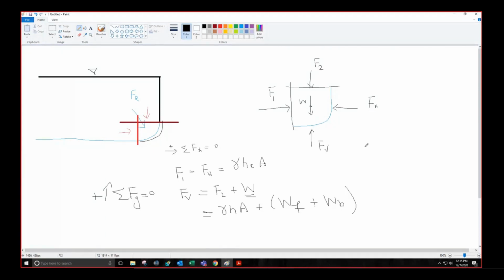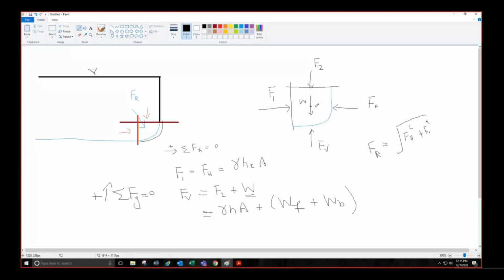Yes, sir. The resultant force FR would be equal to the square root of FH square plus FV square, and the direction of the resultant force would be, see, you must have calculated the direction in statics.